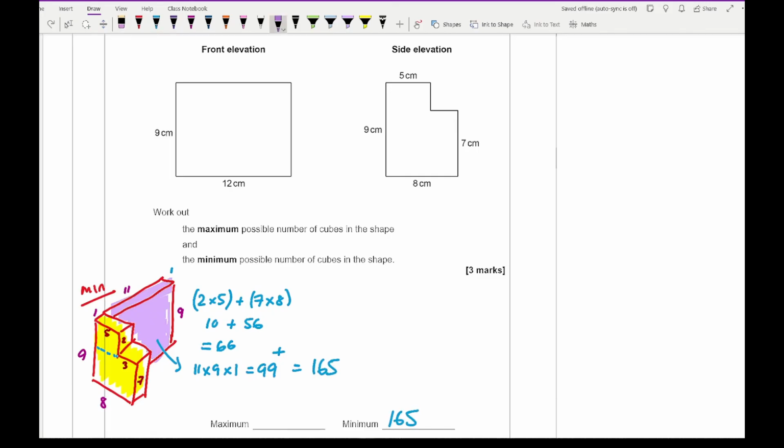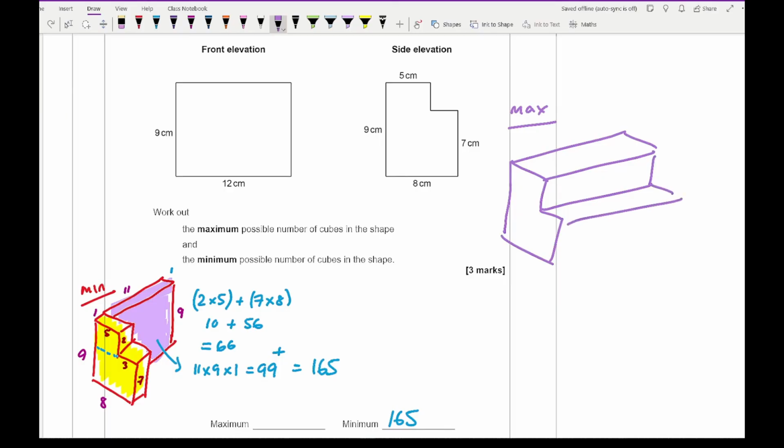And then working out the maximum, what this shape is going to look like is just one big chunky L. So what I can do is work out the area of the L and multiply it by the width, which is 12. So looking at the area of this side elevation, 3 times 7 is 21. 5 times 9 is 45.